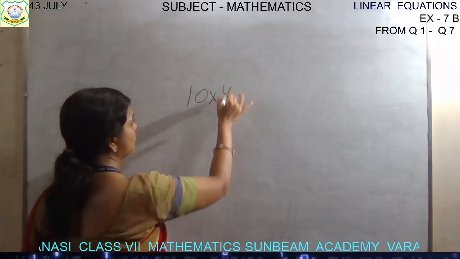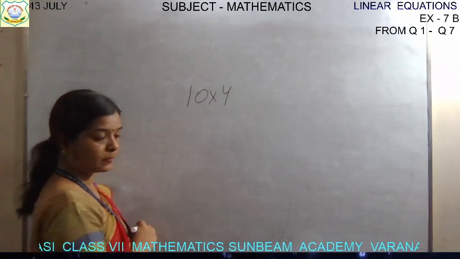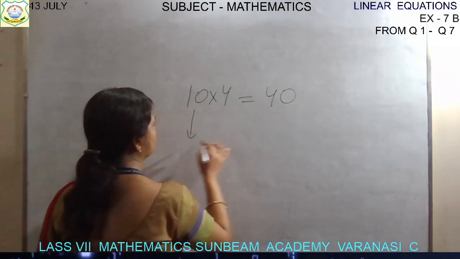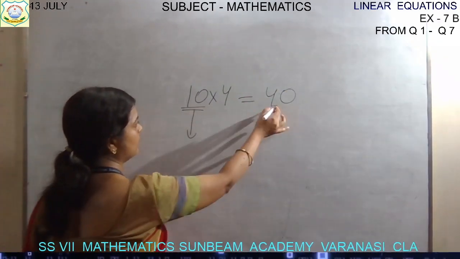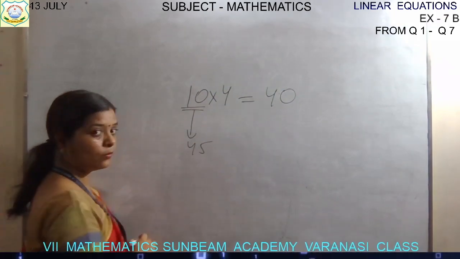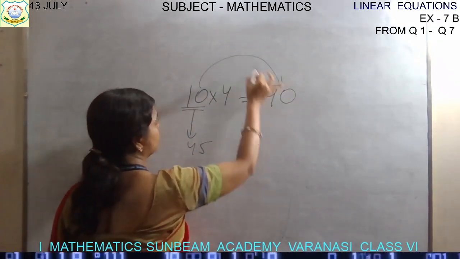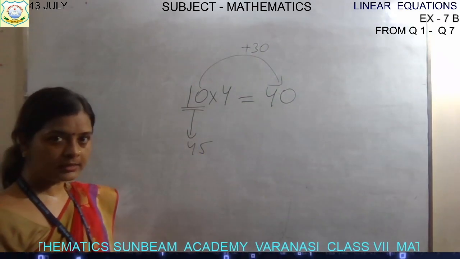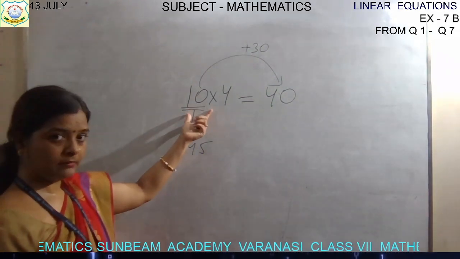When a number is multiplied by 4, it exceeds. Now the answer is 40. Is it exceeding itself by 45? No. How much is it exceeding? It is exceeding by 30, isn't it? The number is 10.